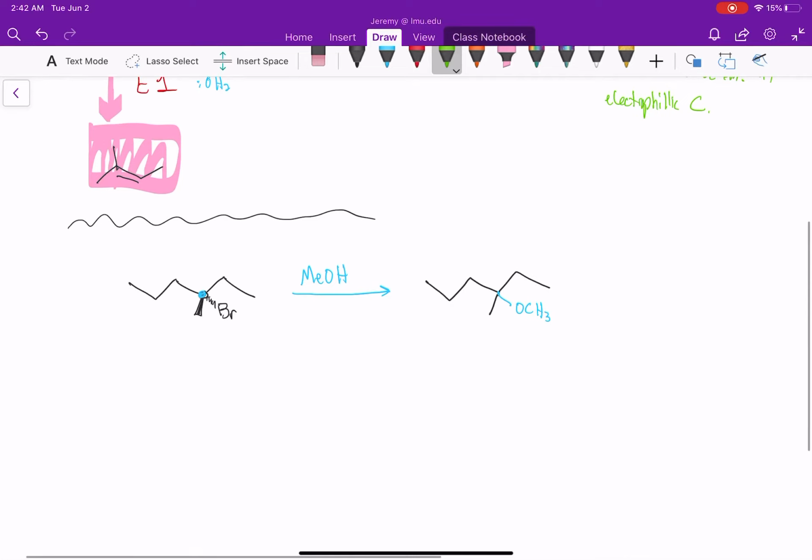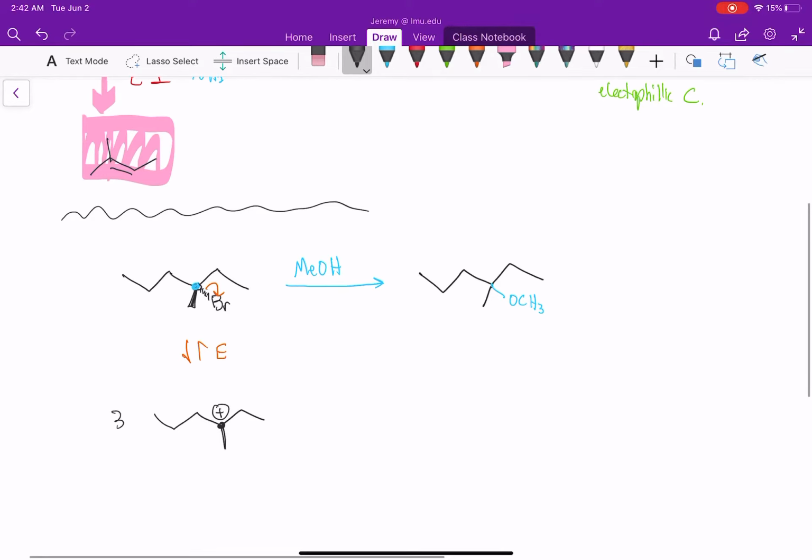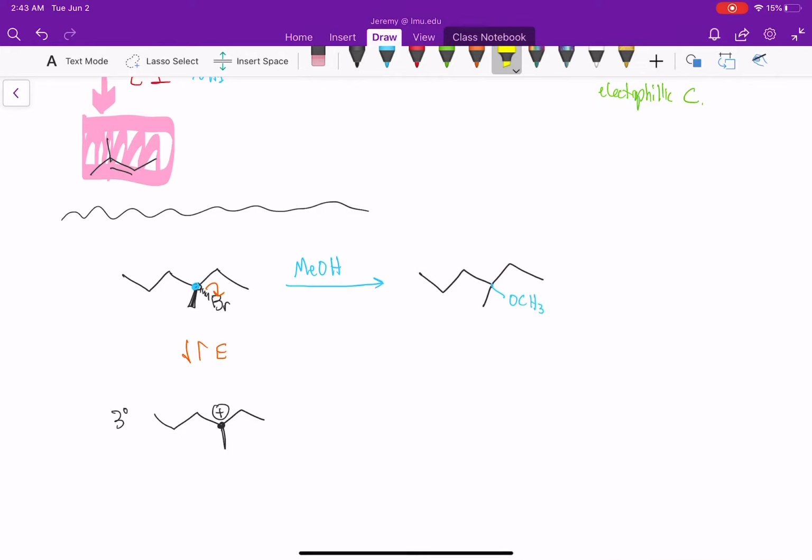And why is that, right? If we think about our mechanism here, our first step is our carbon-bromine bond breaks. We eliminate that out. And what happens to our stereocenter at that point, right? I've now formed a tertiary carbocation. Tertiary carbocations are achiral, and that's the key here.